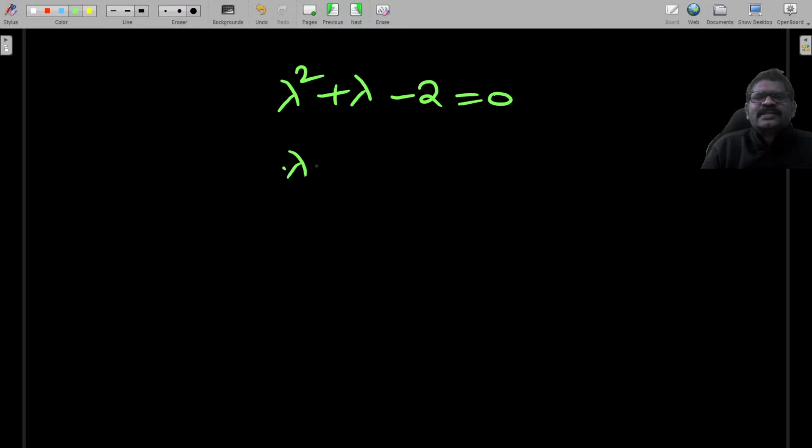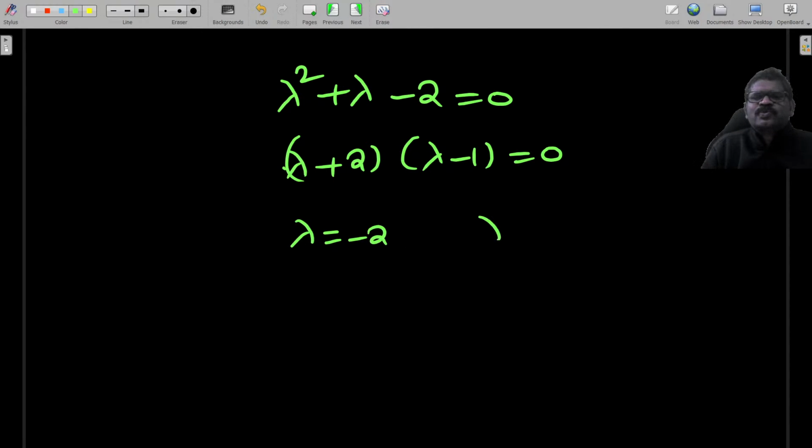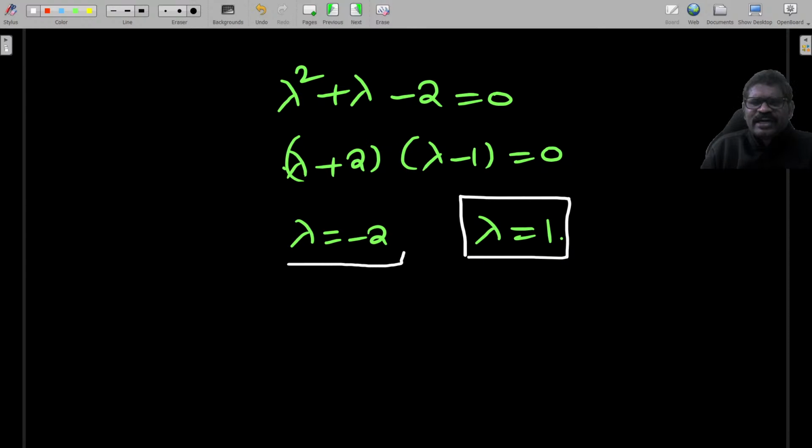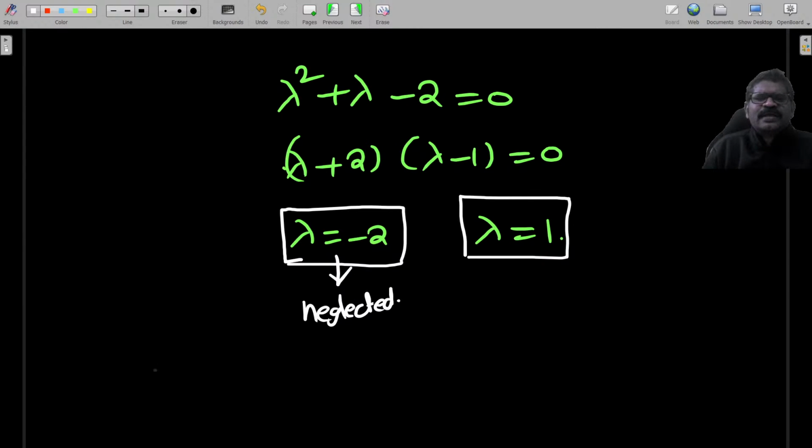You can factorize it like this: lambda plus 2 multiplied by lambda minus 1 equal to 0. So lambda is equal to minus 2 or lambda is equal to 1. Lambda equal to 1 is considered and lambda equal to minus 2 is neglected, because the variance of x is always non-negative.